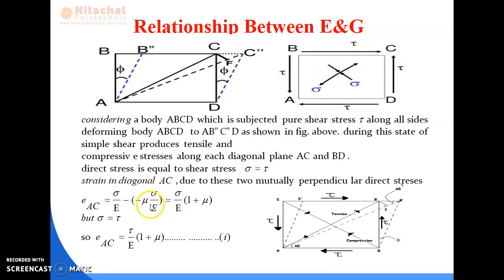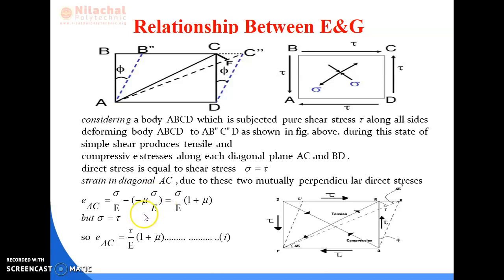Here BD decreases and AC increases. Hence, I am writing sigma by E minus the lateral strain along BD. The lateral strain along BD is compressive, so I have written minus mu into the longitudinal strain sigma by E.